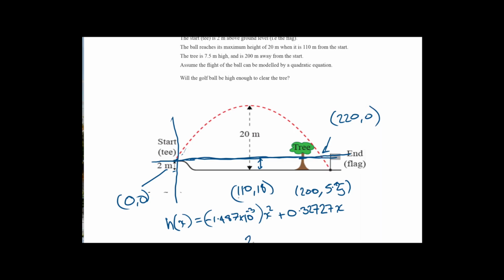So at 200, where the tree is, the height is going to be equal to 5.974. We want it above, so it's going to be 47 centimeters clearance. So yes, it works. Physics works. Algebra works. There we go.